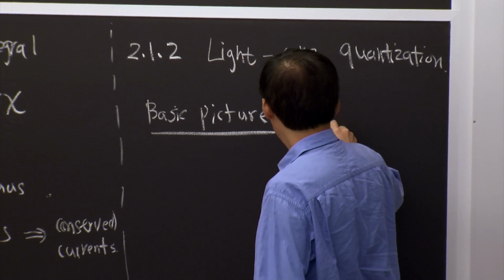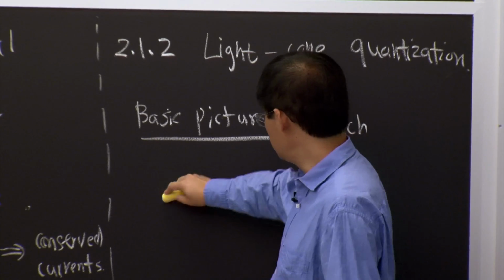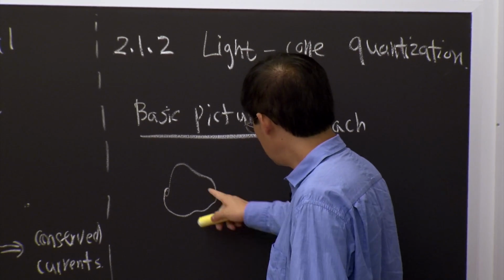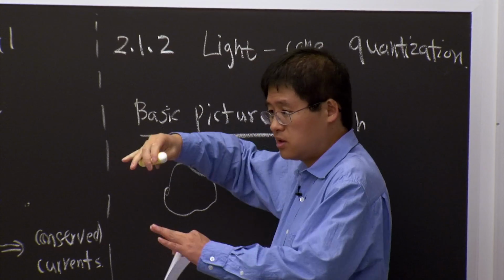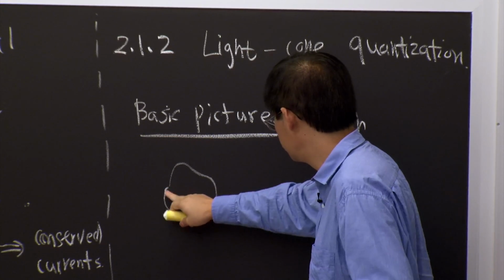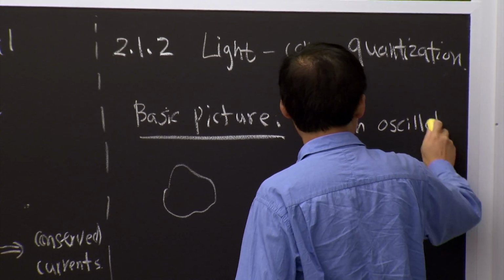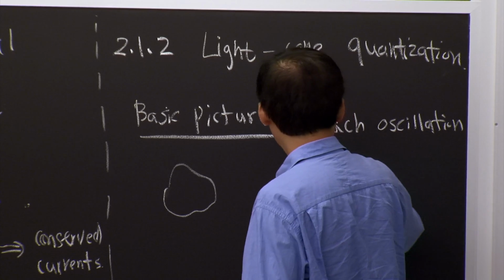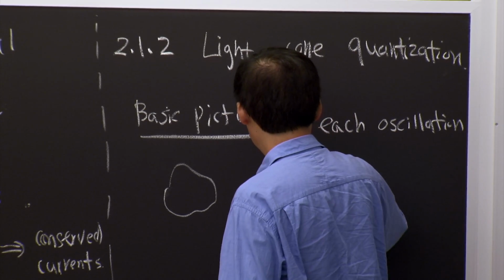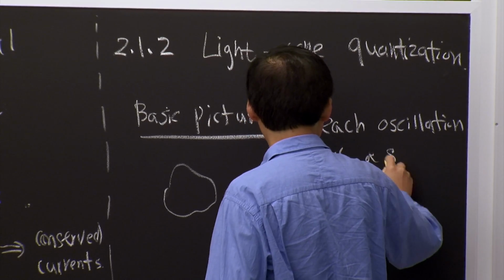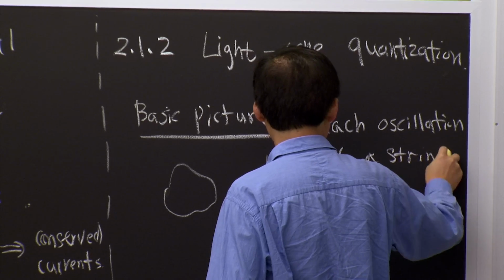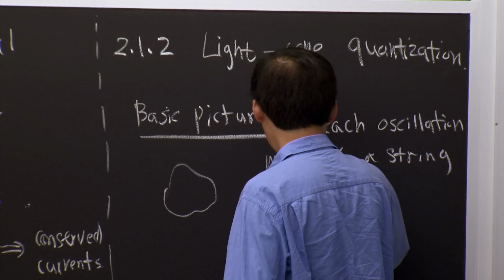is that each oscillation mode, so if you have a string, then it can oscillate, right? Because that's what a string does. The bottom line is that we will show that each oscillation mode of a string gives rise to a space-time particle.